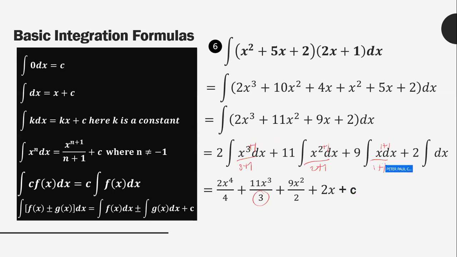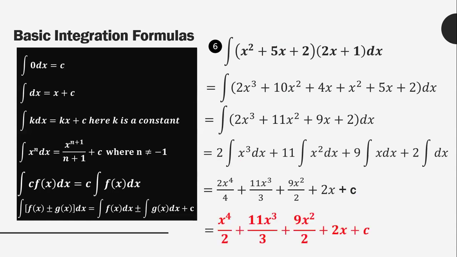So that becomes 9x squared over 2. Then the integral of 2 integral of dx is 2x. And then we have a plus c. So the final answer becomes x raised to 4 over 2 plus 11x cubed over 3 plus 9x squared over 2 plus 2x plus c.